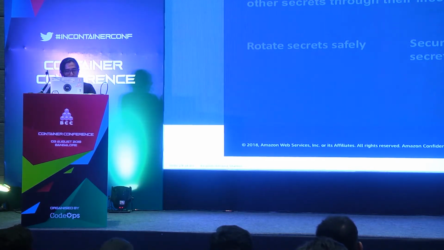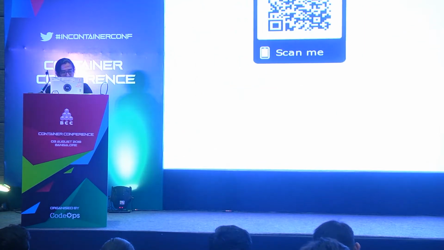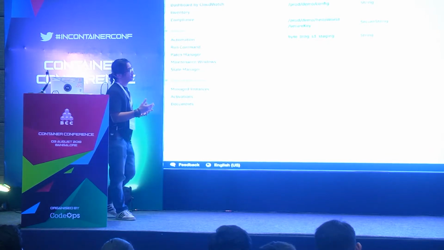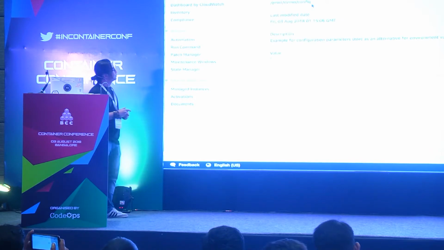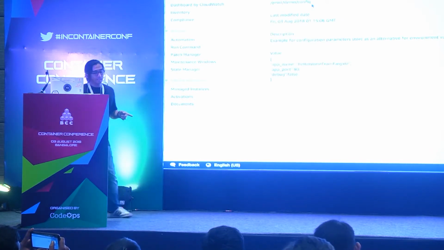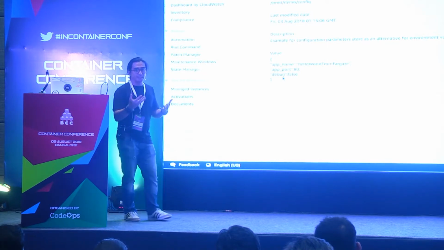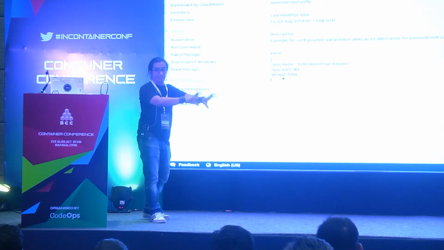Let me show you. This is Systems Manager. I have all the configuration for my application listed here. You can use JSON, YAML, or TOML. This is the configuration file for my application.